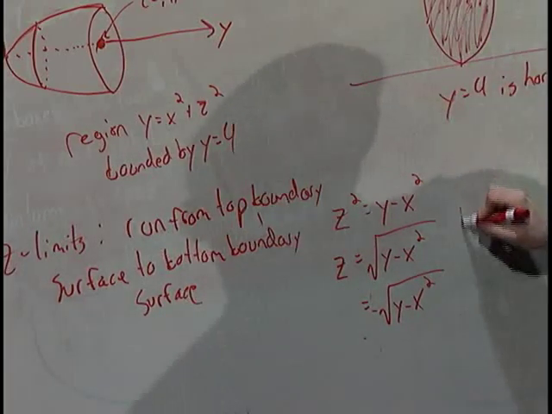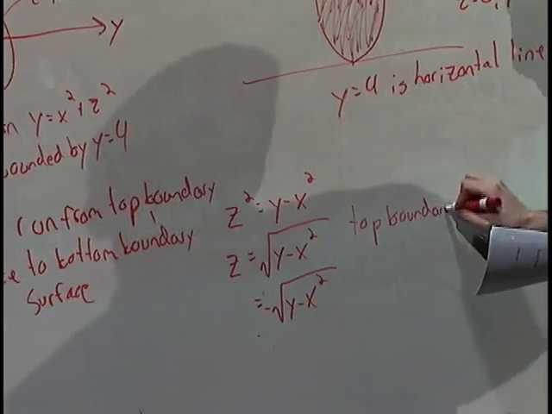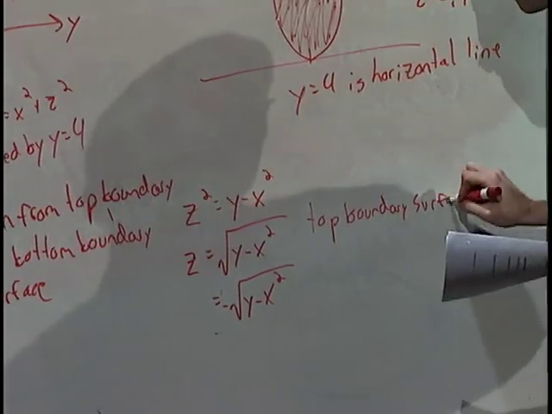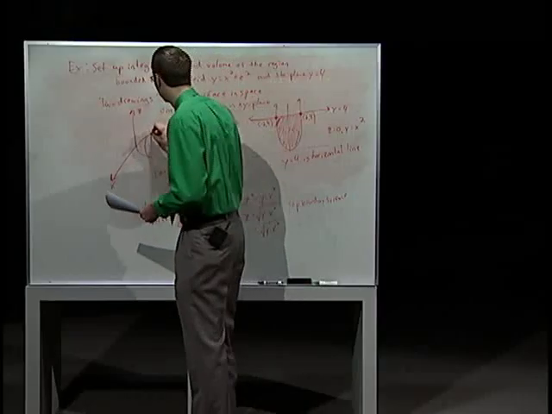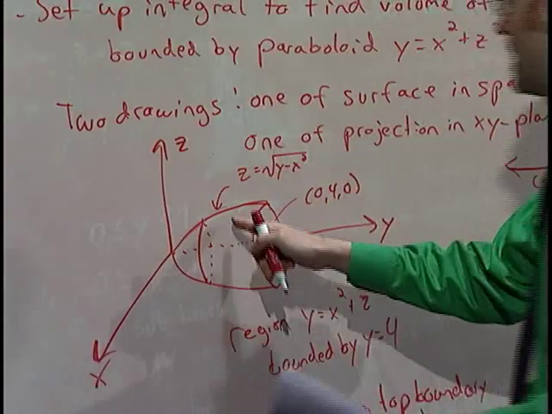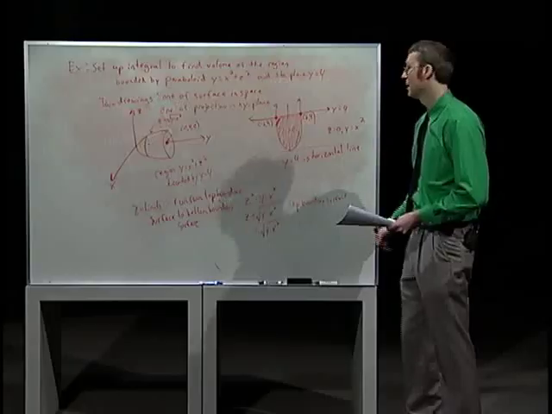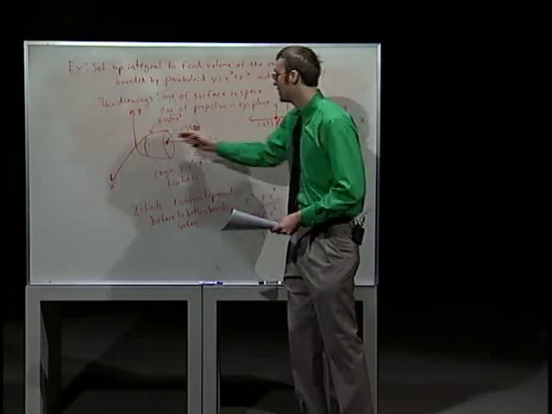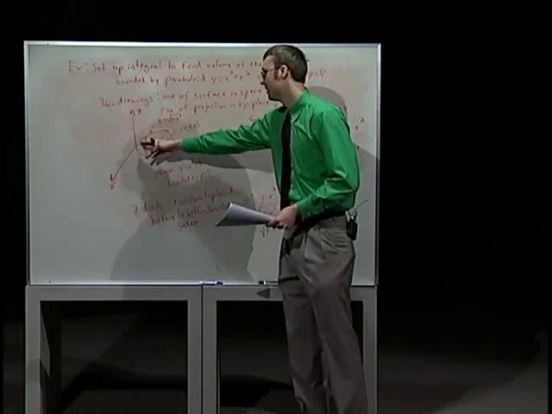This is clearly always positive, so it's the top boundary surface. It corresponds to this top piece, so this is z equals square root of y minus x squared. There's the top piece of the paraboloid. And the bottom piece is always negative. So the y-axis cuts through this thing at the center, bounding top and bottom along the z-axis.